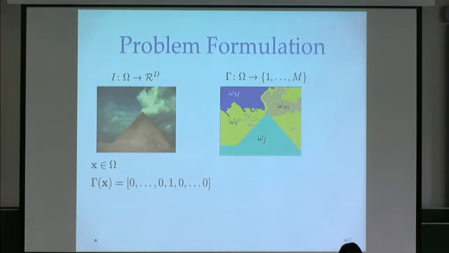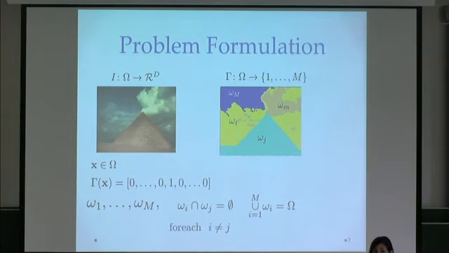We can use the one-hot vector in order to classify or assign each of the image voxels or pixels into a label, where we can define the all-zero vector for the background. So we wish to find regions denoted by omega 1 till omega M, and for the background, without loss of generality. And we wish them to be mutually exclusive and to cover the entire image domain. That is, we wish not to have vacuums or overlap.